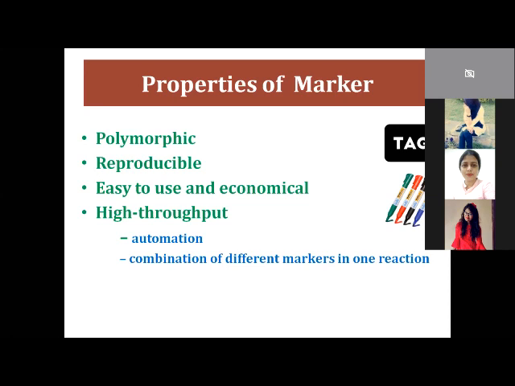I used it a third time, it gave the same value, the fourth time the same value, meaning every time it is giving the same, reproducible result. So it doesn't give false positive or false negative results. So the marker should be reproducible.